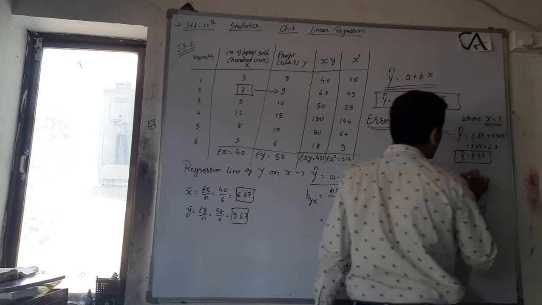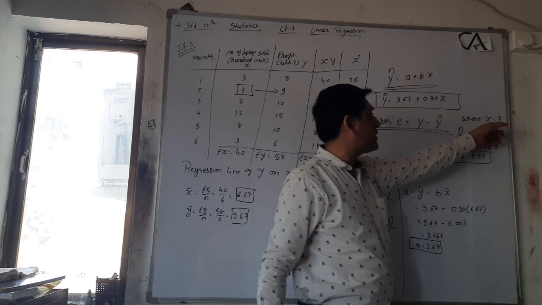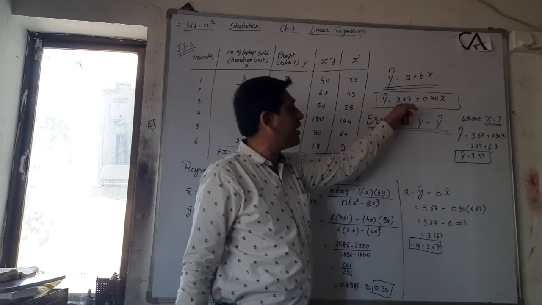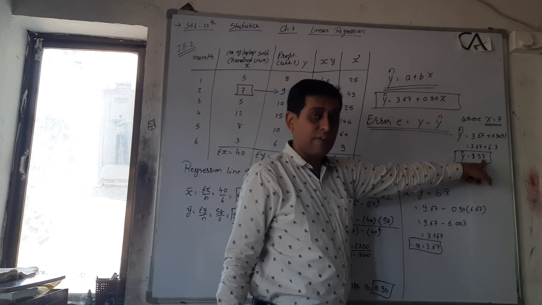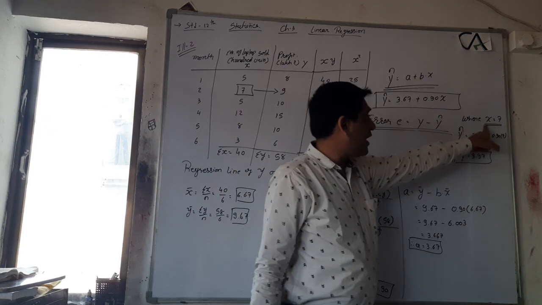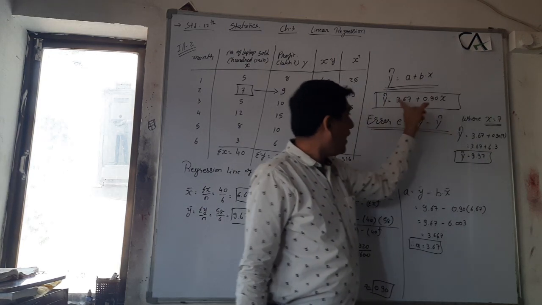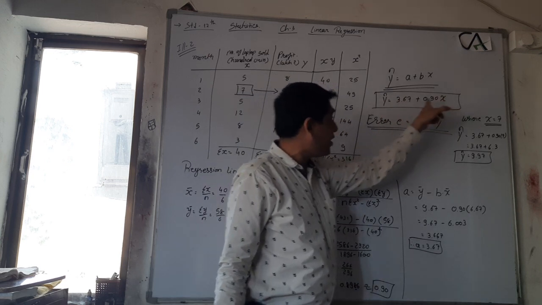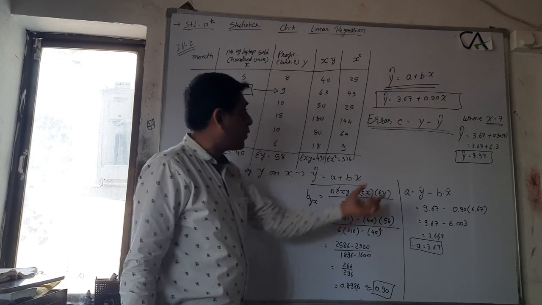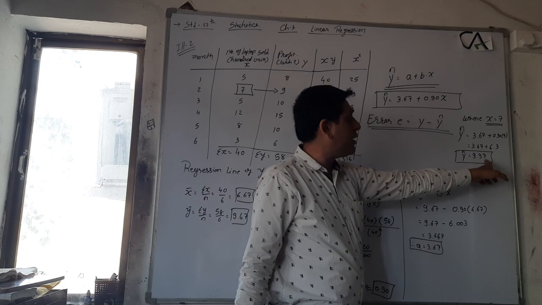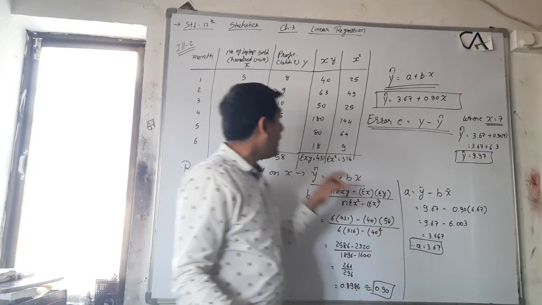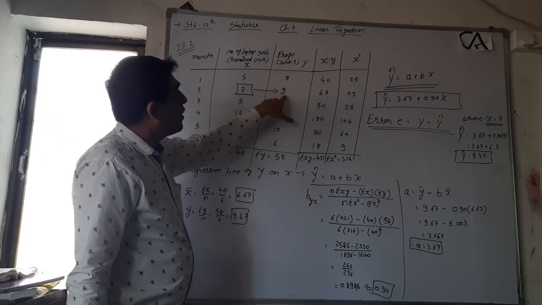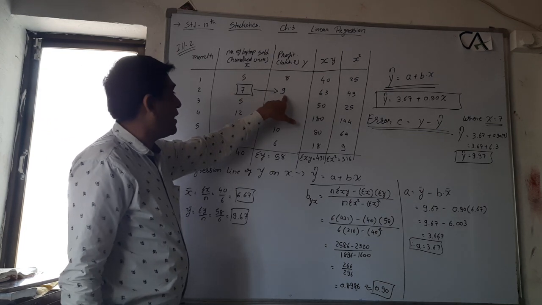It means that if x value is 7, estimated y value based on this regression line is 9.97. If x value is 7, estimated value based on this regression line which we are finding from this formula is 9.97. But in the actual question, x is equal to 7, y is equal to 9.